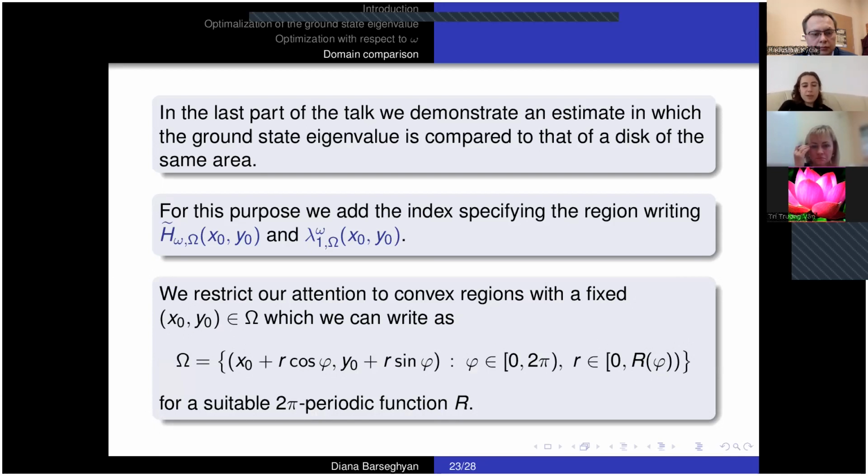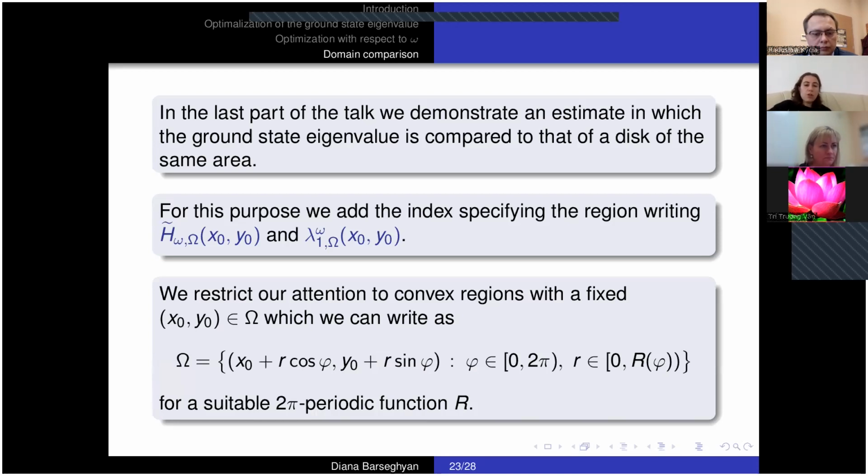Next, please. Here we will speak again about convex regions. It's not written here, but what we will say later is also true for star-shaped regions. Here it is written convex region.